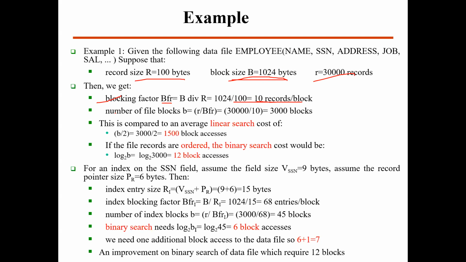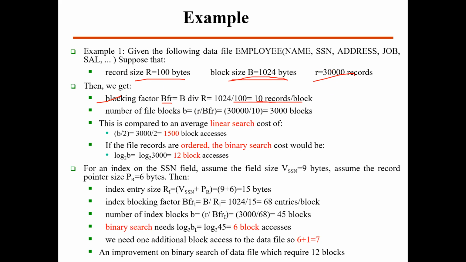Now the second one is the number of file blocks. How many file blocks will be used in the disk? It is given by B equals the number of records divided by BFR.